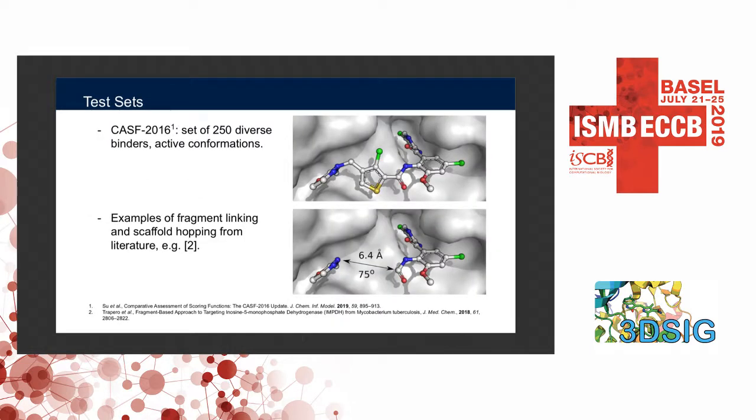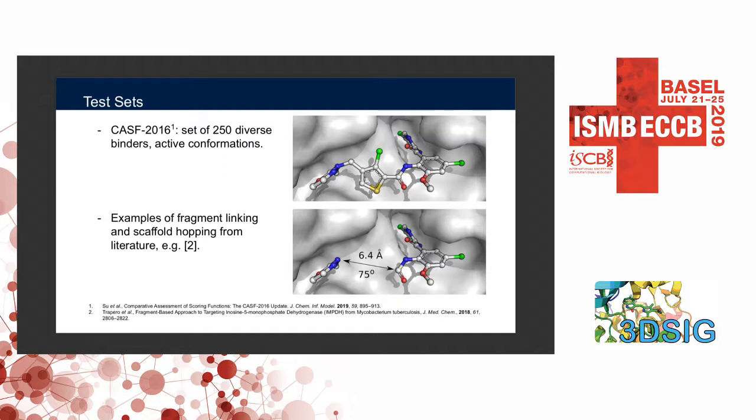Now, obviously, that's using generated conformers, which are not necessarily realistic of real-world, I guess, protein binding sites. So in order to test our model, we take the CASF 2016 set, which is a subset of the PDBbind set that is based on a diverse range of protein ligand complexes, all with experimentally verified crystal active conformations.